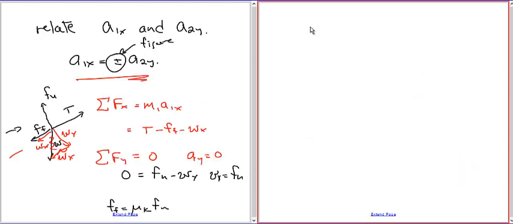And then, just like before, the x component of the weight is W times the sine of theta, and W sub y equals W times cosine of theta, where W is just the mass times acceleration due to gravity. So you can see I can calculate W sub x from the weight and the angle, calculate W sub y from the weight and the angle, and calculate the weight from the mass and the acceleration due to gravity.